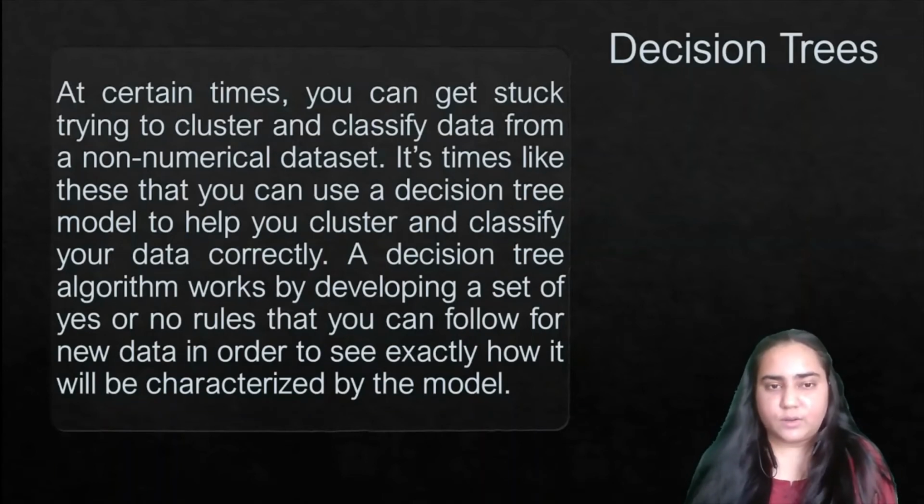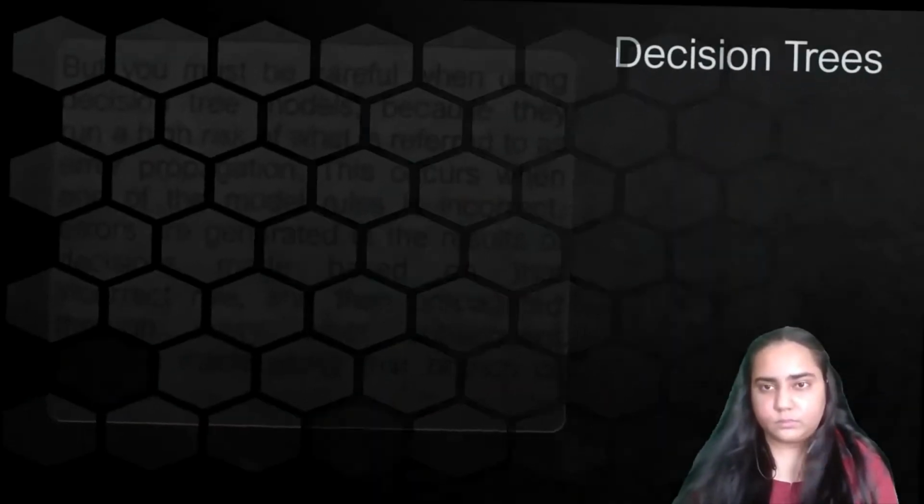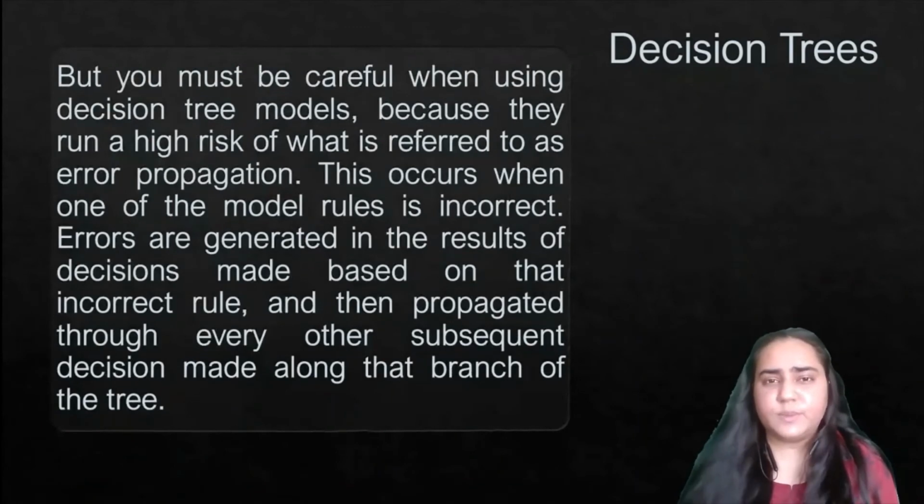A decision tree algorithm works by developing a set of yes or no rules that you can follow for new data in order to see exactly how it will be characterized by the model. But you must be careful when using decision tree models because they run a high risk of what is referred to as error propagation. And what is error propagation?